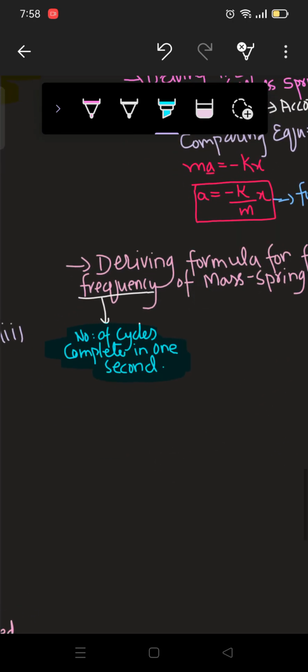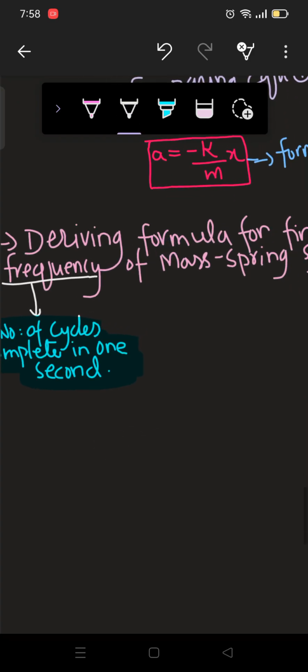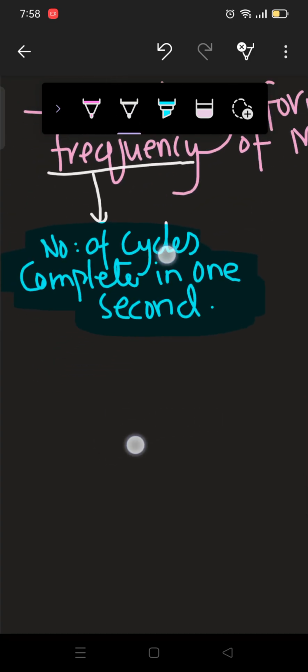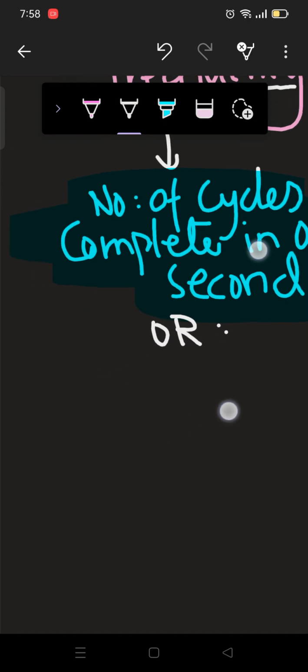So number of cycles completed in 1 second is what we call the frequency, or frequency is the reciprocal of time period.